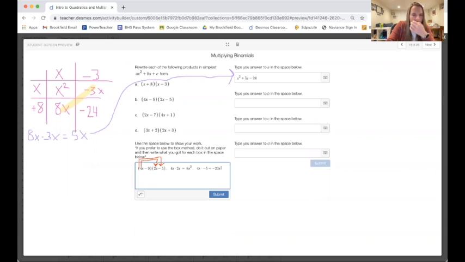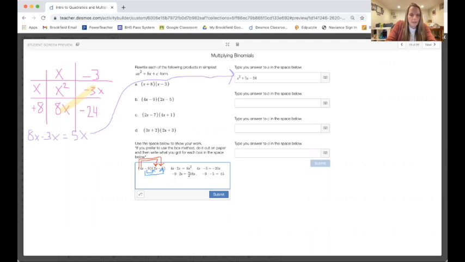It's going to be negative 20x. And then I'm going to do the negative 9 distributed into the rest of that. So we've got negative 9 times 2x, and then negative 9 times negative 5. That's negative 18x, and then, like I said, negative 9 times negative 5 is positive 45, not negative 45, because two negatives make a positive.